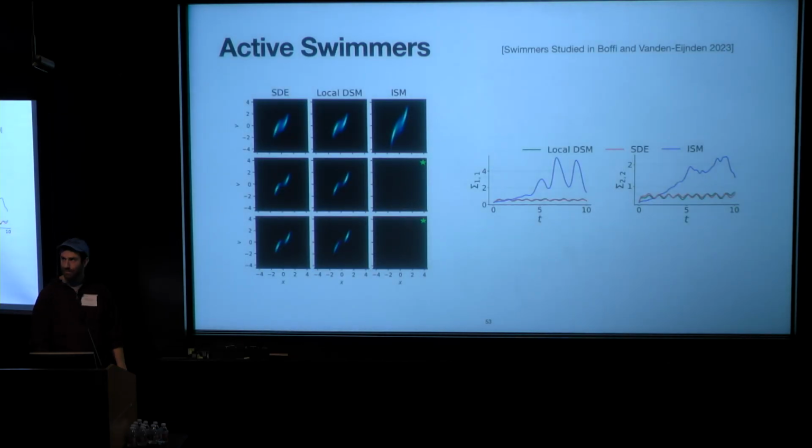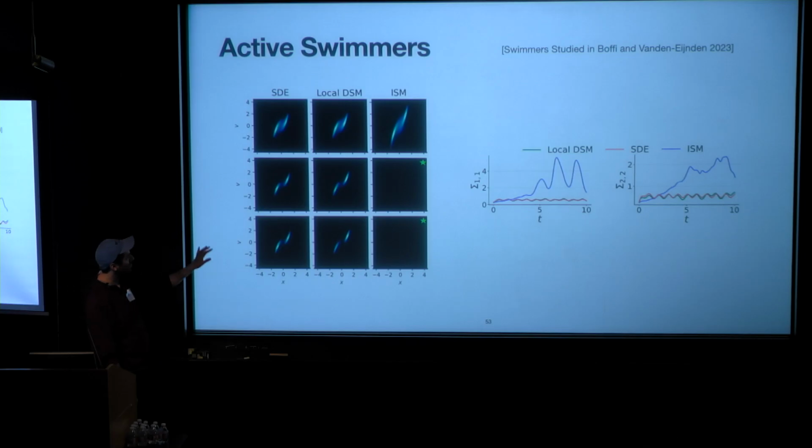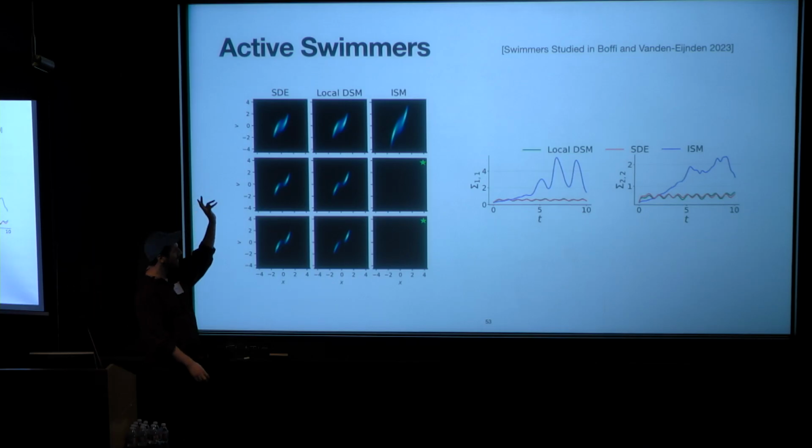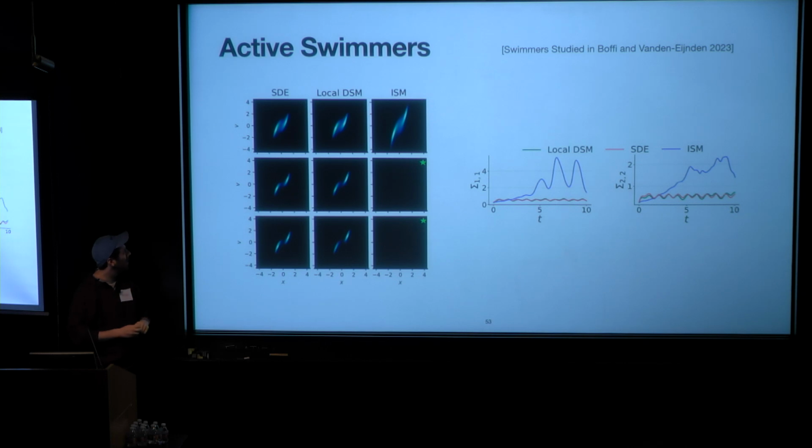Another example here is these active swimmers. This is a nonlinear system. It's an interacting particle system where each particle moves around on its own, but also repels or attracts the others. And then the particles get stuck in these traffic jams that possibly make for interesting materials. What we have here are different time slices, with time moving down.